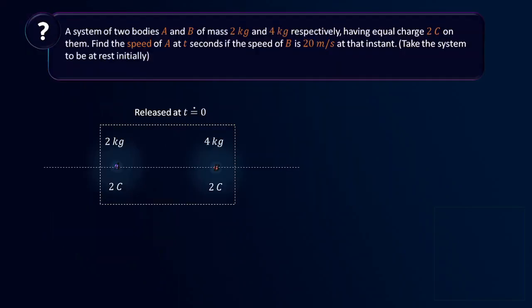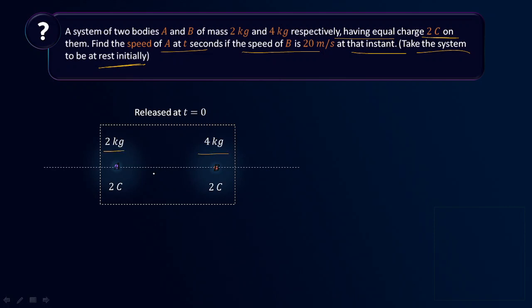The question says that a system of two bodies A and B of mass 2 kg and 4 kg respectively, having equal charges of 2 coulomb on them. Find the speed of A at time t if the speed of B is 20 meter per second at that instant, and take the system to be at rest initially. So here we have two charged particles of 2 coulomb, and their masses are 2 kg and 4 kg.